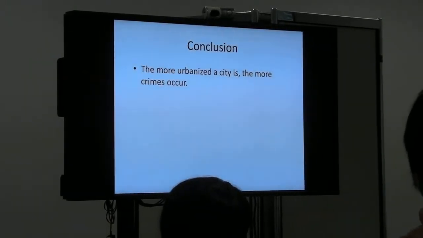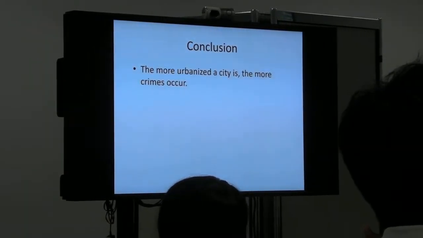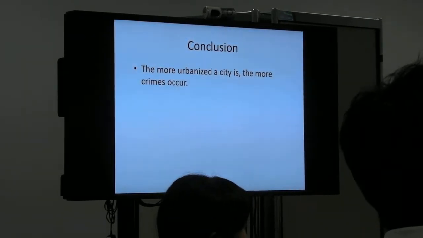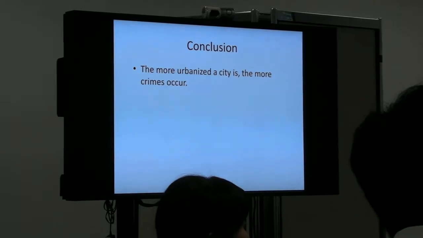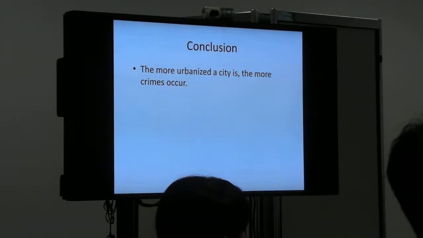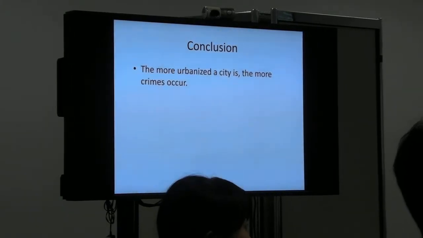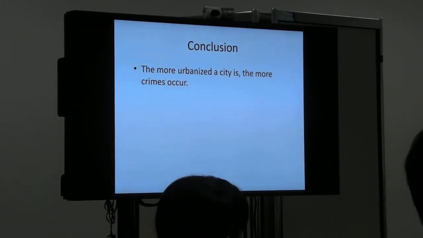We can conclude from the graph that the more urbanized a city is, the more crimes occur. And as you can guess, the second result is better for defining urbanization.